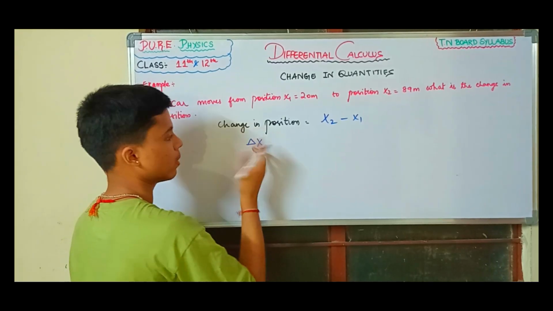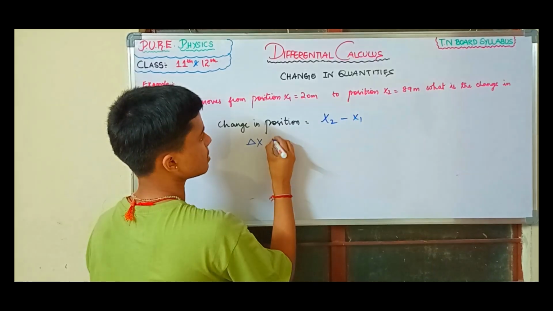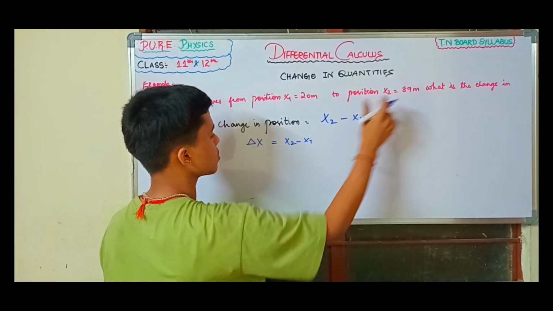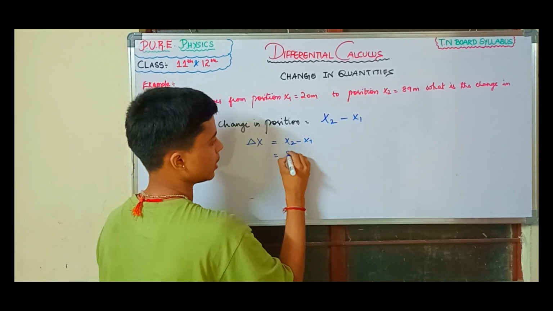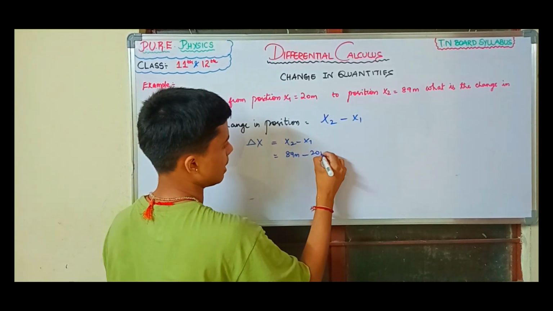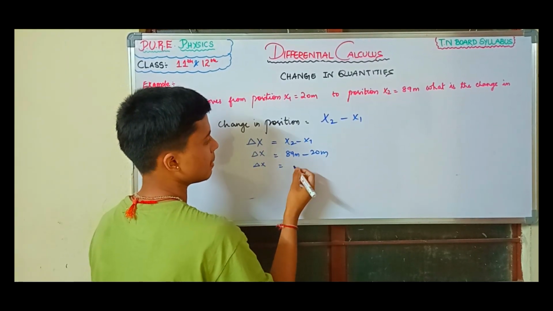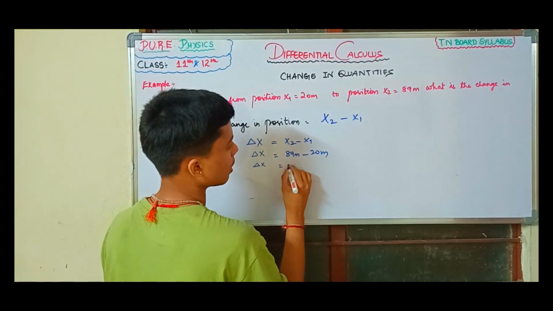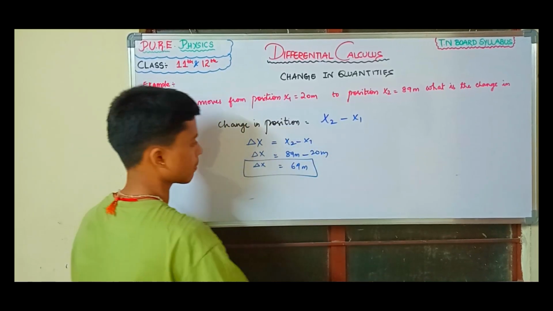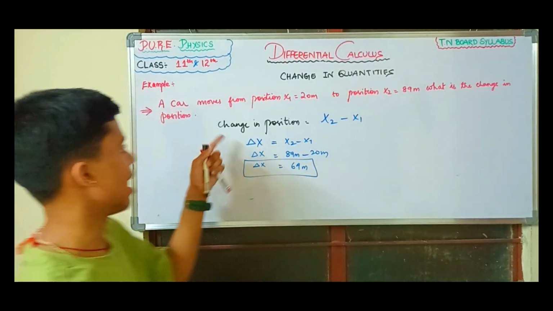Since I'm going to denote it as change, I'm going to use the delta symbol. So delta x is equal to x2 minus x1. What is the value of x2? In the place of x2, I'm going to substitute 89 meter, minus in the place of x1, I'm going to substitute 20 meter. So my delta x value will be 89 minus 20, which is 69 meters. So this is my change in position of the car.